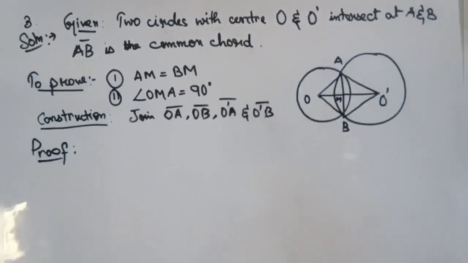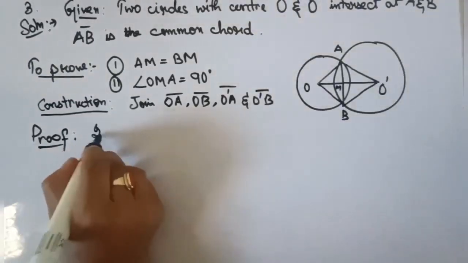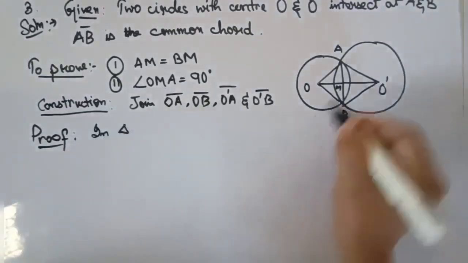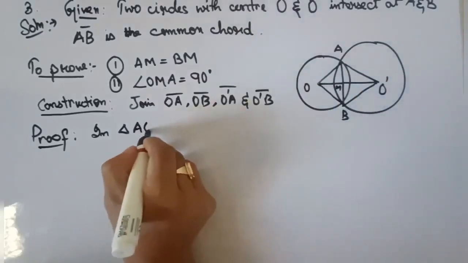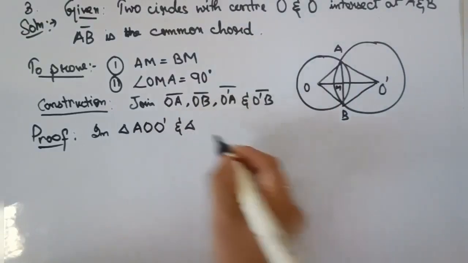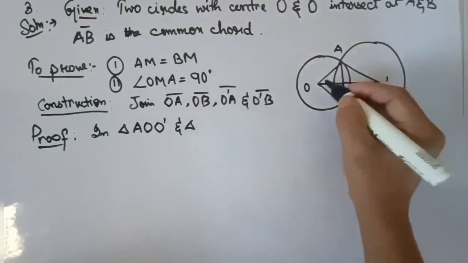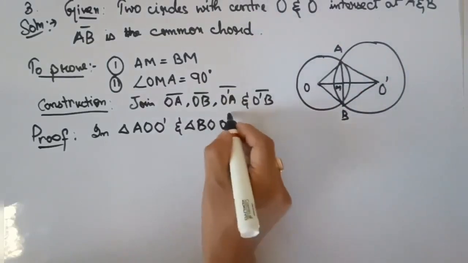Let us consider two triangles, that is triangle AOO dash and triangle BOO dash.